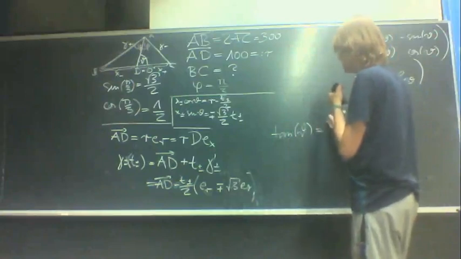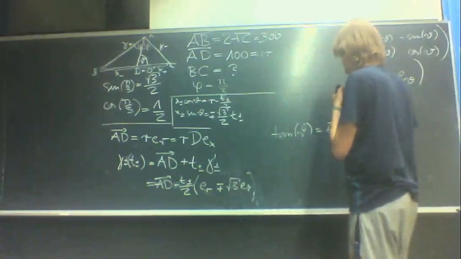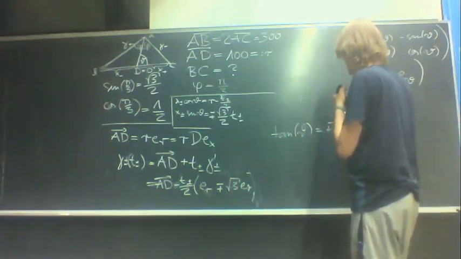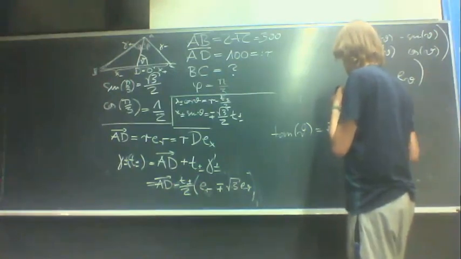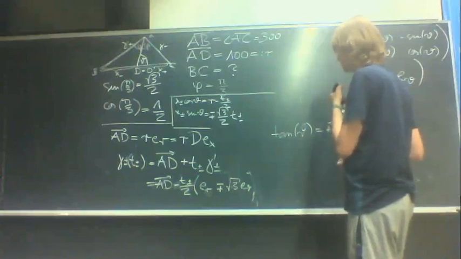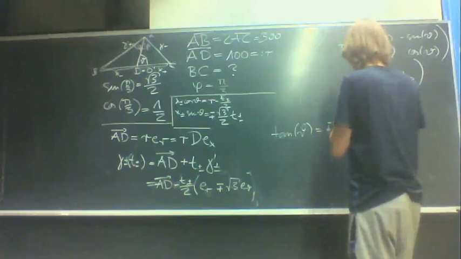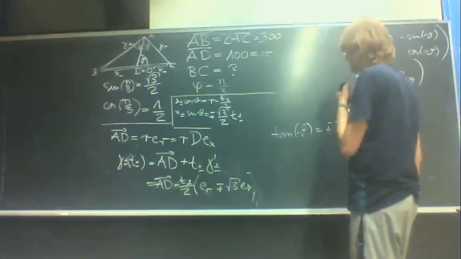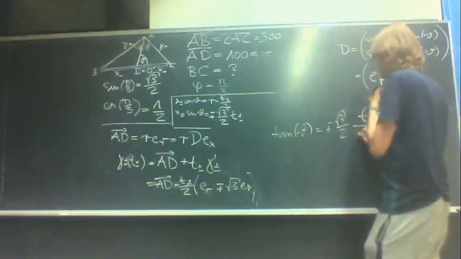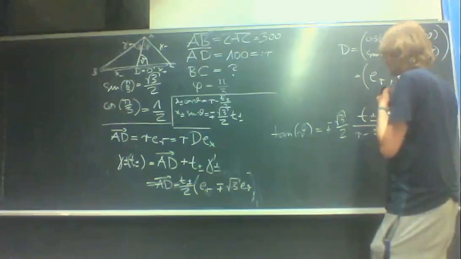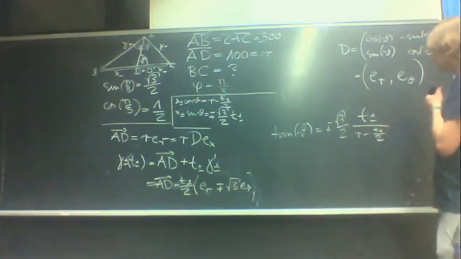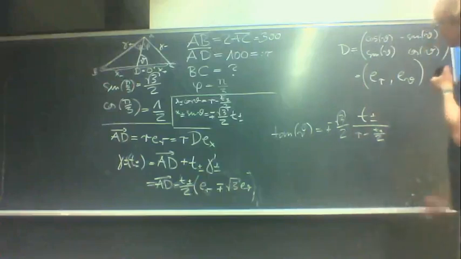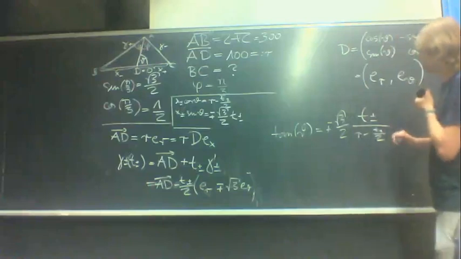So this is minus plus square root of 3 over 2, t plus minus over r minus t plus minus over 2, and we can insert one of our lengths over here.